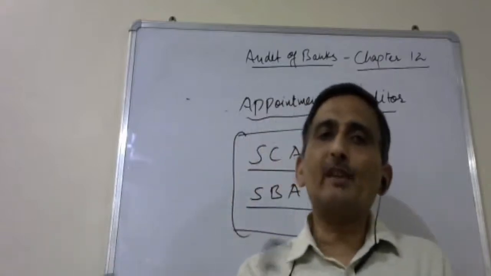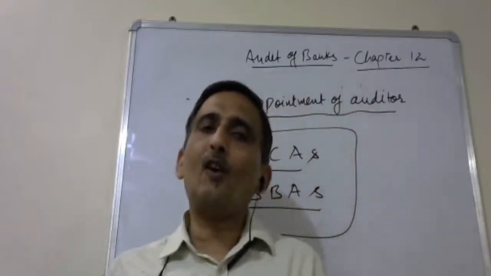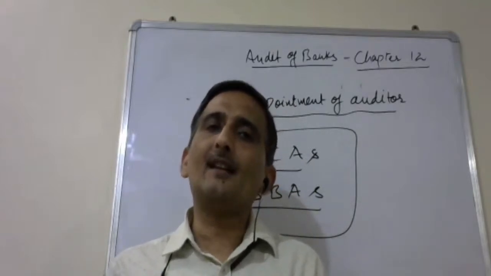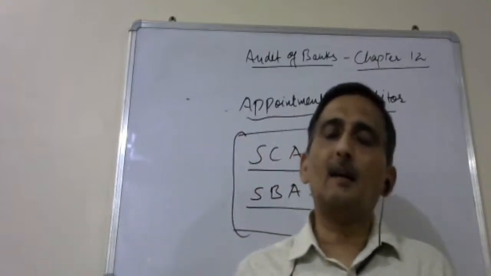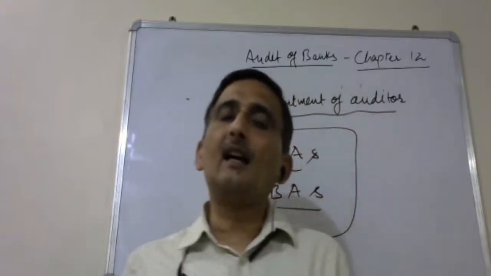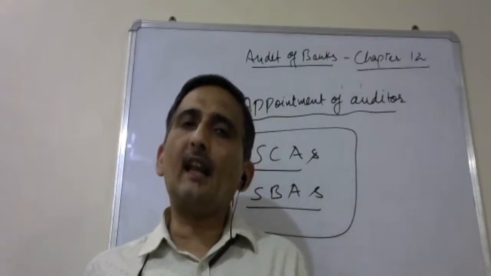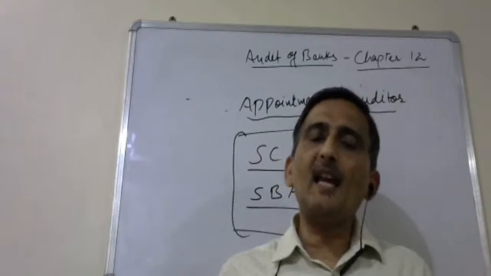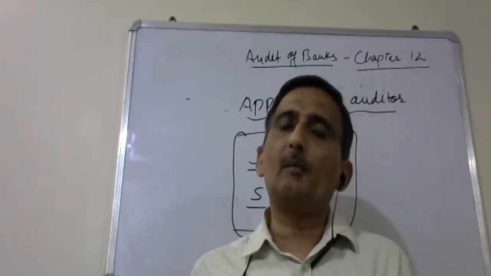And what about the most important thing, remuneration? The auditor has performed his work. Now, what about his remuneration? In case of nationalized banks, the remuneration of auditor is fixed by the Reserve Bank of India, by RBI in consultation with the central government.